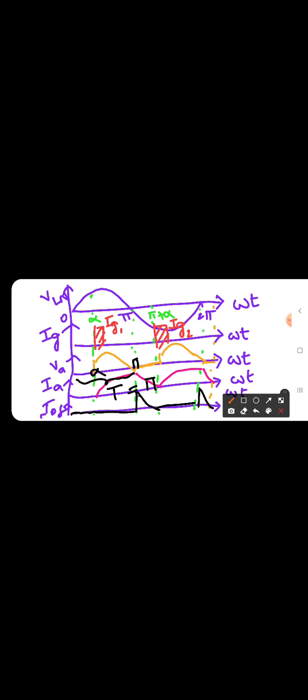Therefore, V naught average is equal to 1 by T integral 0 to T of V naught of omega t d of omega t.